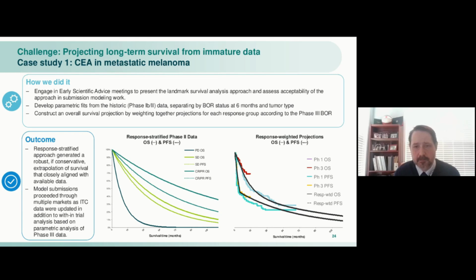And essentially, the takeaway here is that our landmark survival approach worked fairly well for the first evaluations of the sponsor's product. It carried through a lot of their internal strategic decision-making. And as time went by and we were able to update the data analysis with future data cuts, it became more and more clear that some of the findings that we generated in our early outcomes were realistically well supported by the phase 3 trial data.